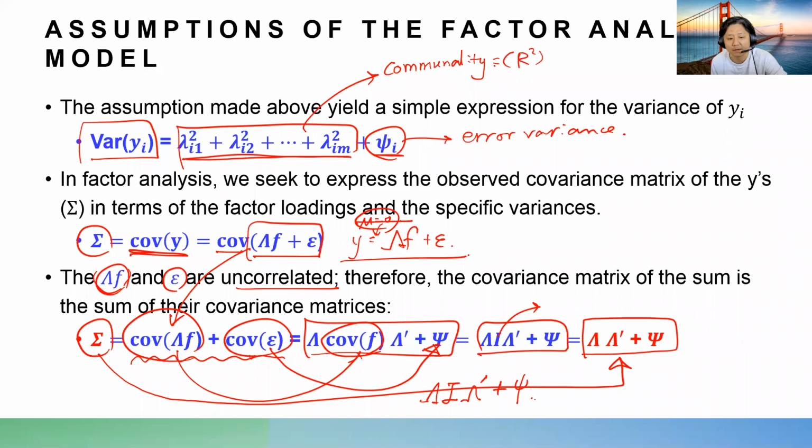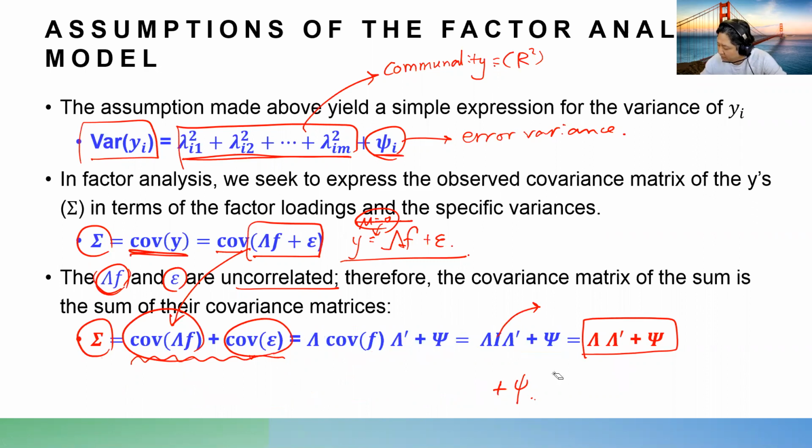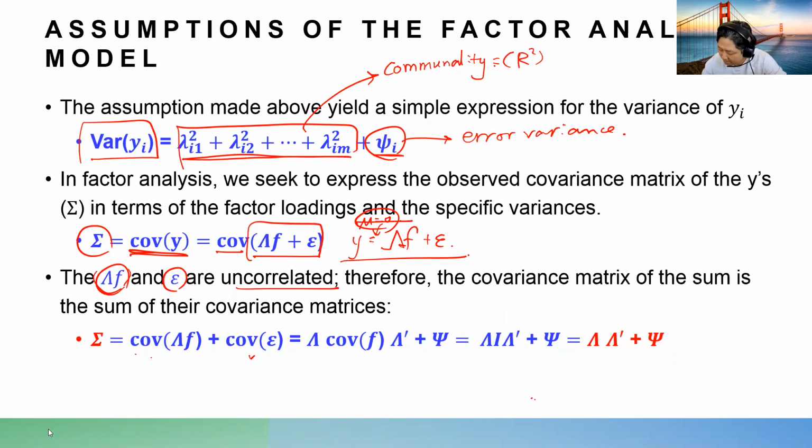This is very important, because look at this. Here, this is the factor loading, this is the transpose of our factor loading, and this is the covariance of our factor scores, right?